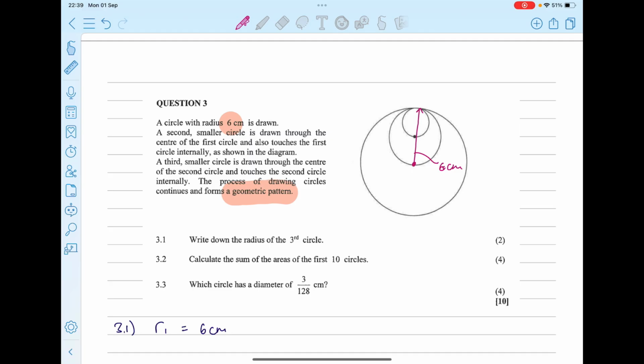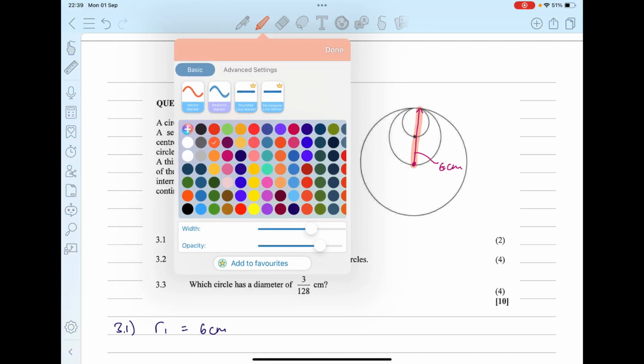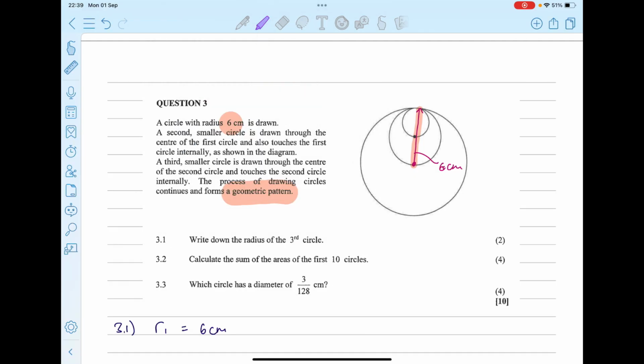And then we see that this 6 centimeters, this R1, is actually the diameter of the second circle. And the radius of the second circle is the diameter of the next one. Let's pick a different color, like a purple. I don't know if that is visible.